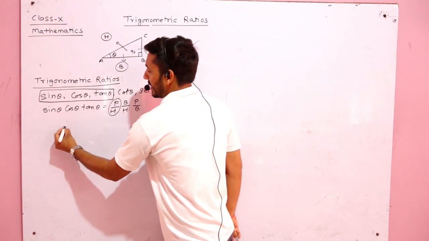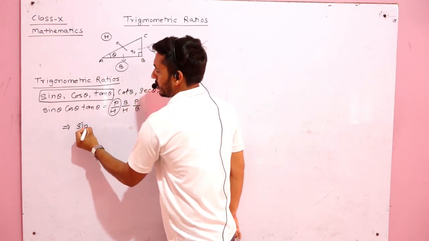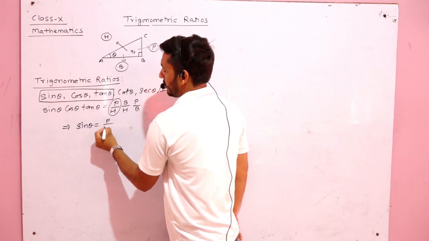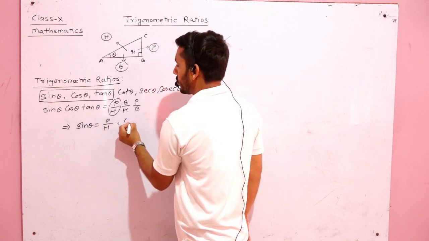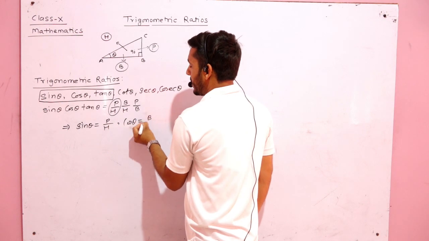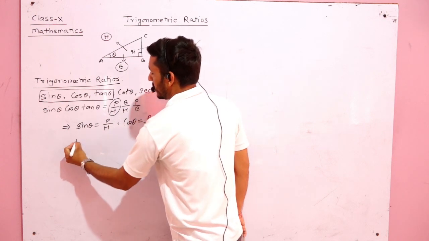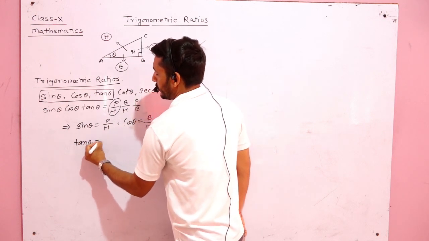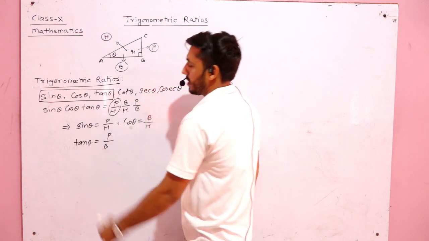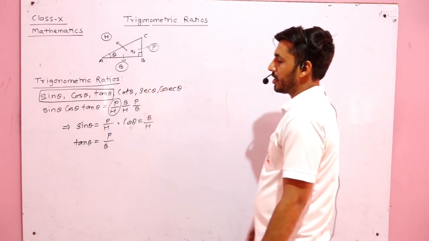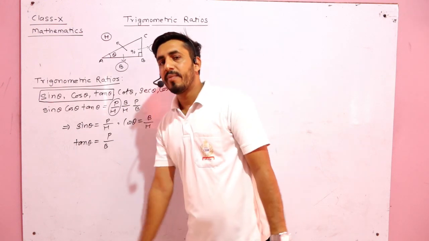Then sin theta is equal to P upon H, cos theta is equal to B upon H, and tan theta is equal to P upon B. All three relations we have to remember.